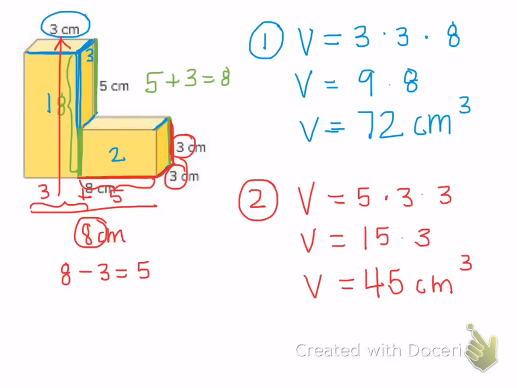Okay, now you again. Now we are going to find the total volume of this shape. Take a second to find the total volume of this shape, and then come back and compare your answer.